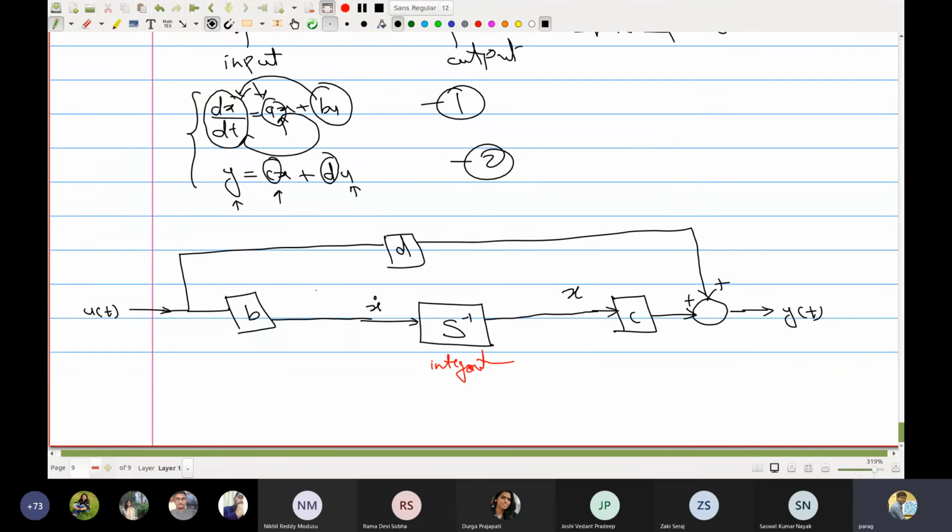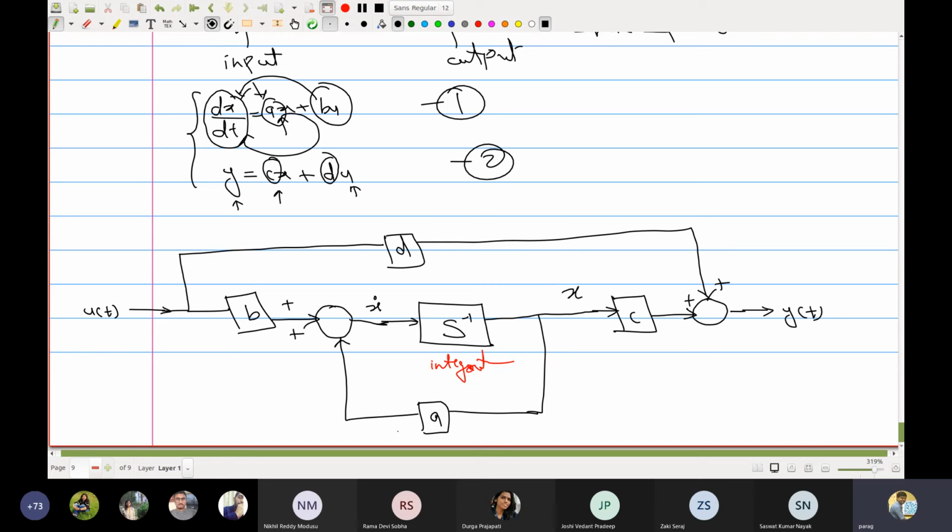So therefore, you have another adder here. You add it, and this contribution should be A. Okay, and this completes your block diagram.